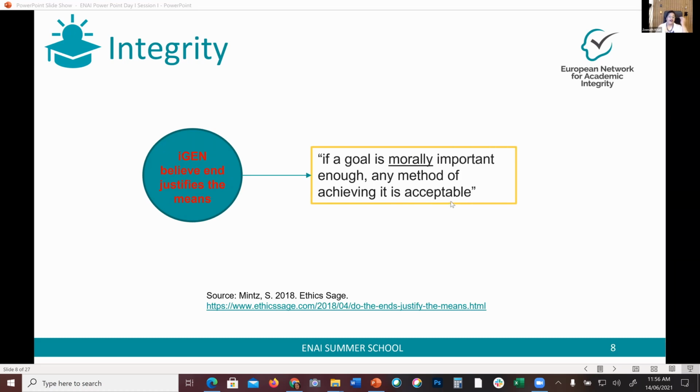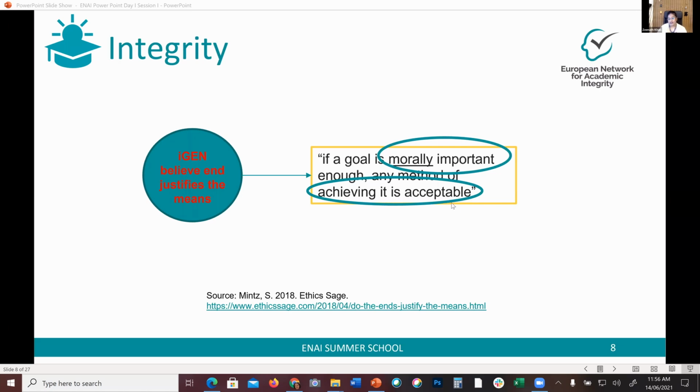Now, when you define this, the problem starts arising. Because the definition says if a goal is morally important enough, any method of achieving it is acceptable. So then the question becomes, who decides what is morally important and who dictates what method is acceptable, right?